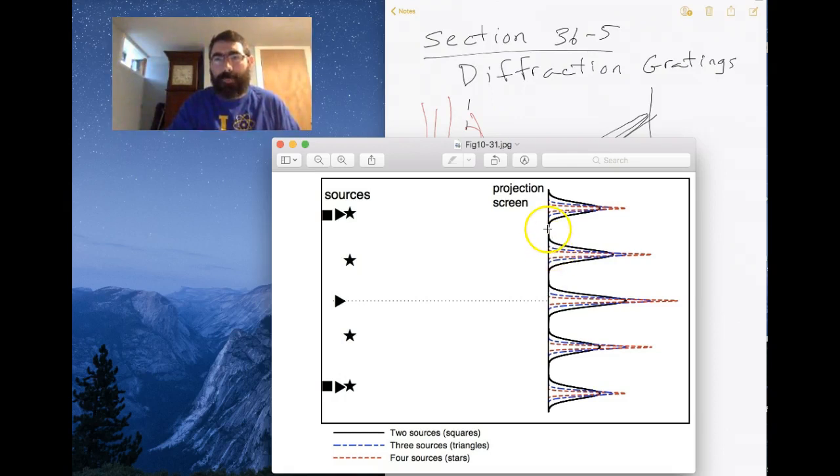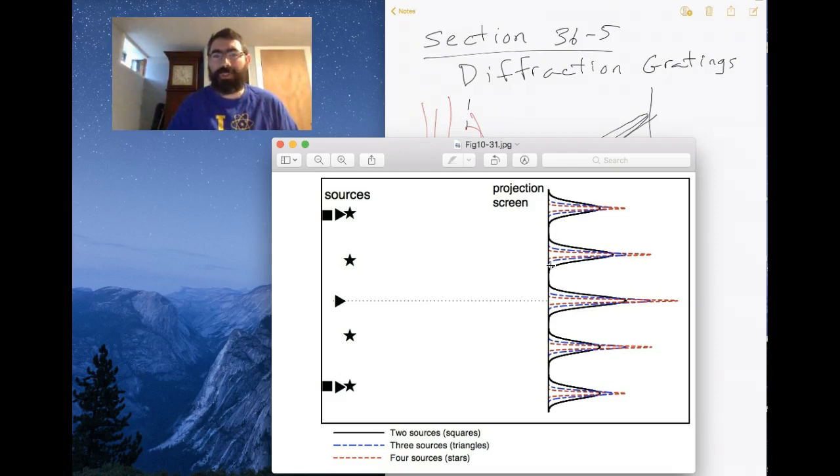So therefore the maxima keep the same location. If this was the distance y along the vertical axis, the position of those maxima are the same. The space between them, the dark band, the minimum, starts to get bigger and bigger, but essentially their midpoint stays the same as well.